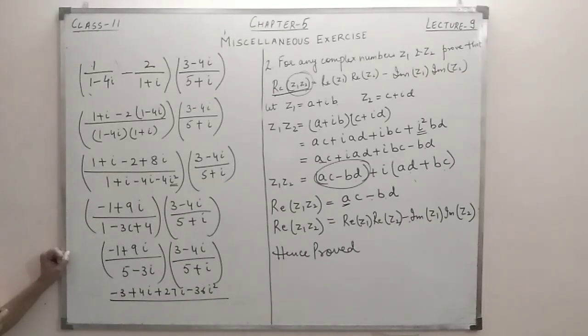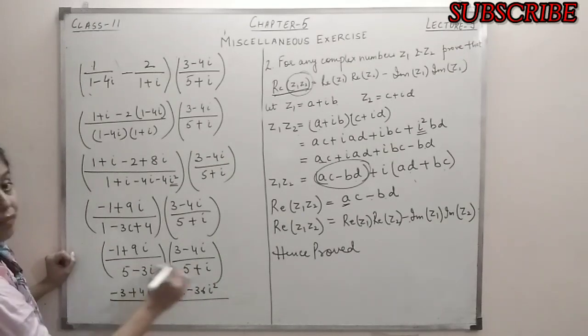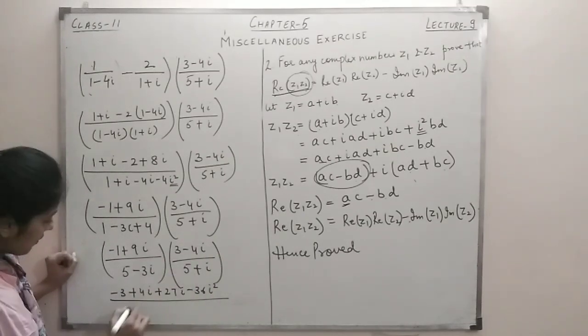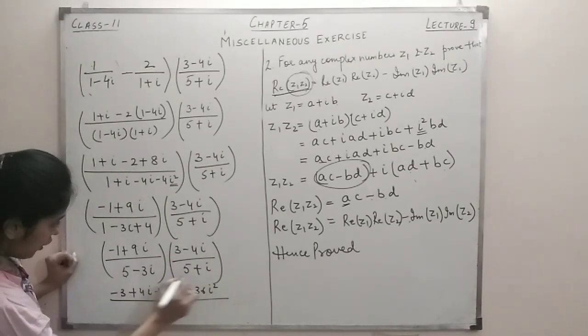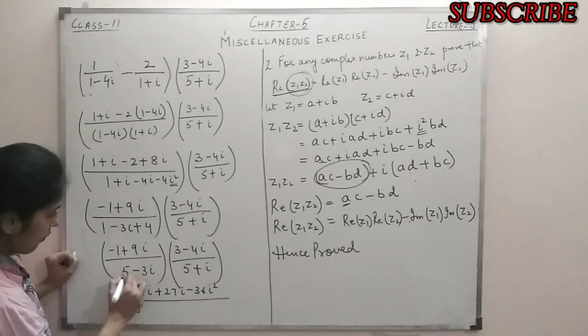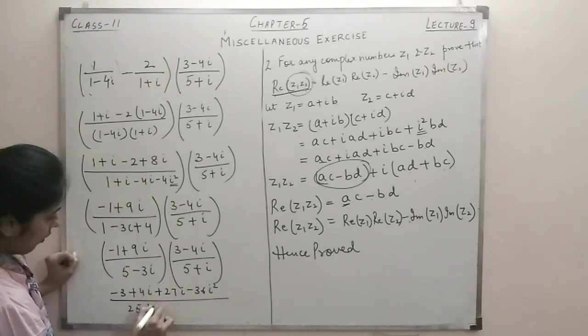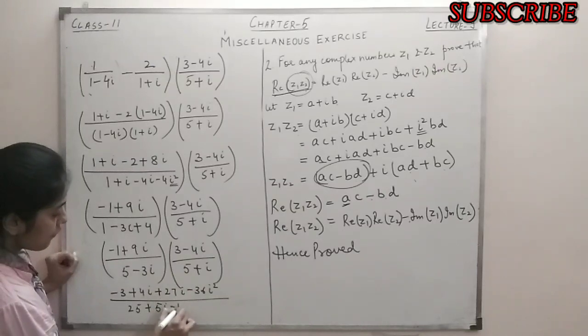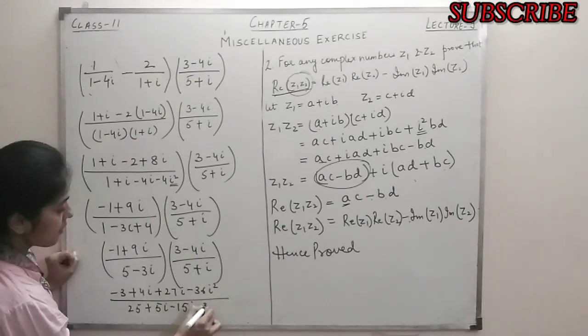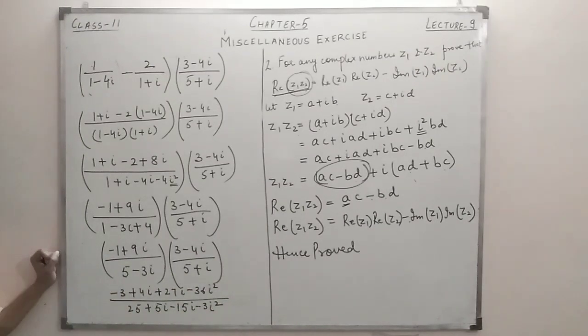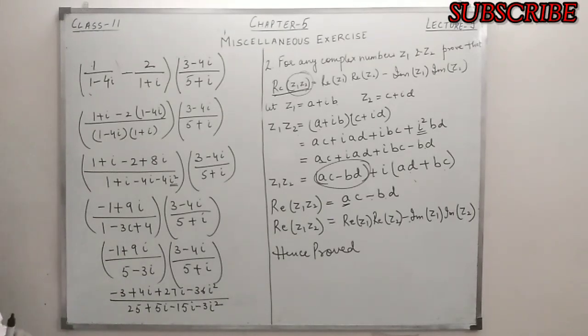It's right. Now in denominator, that is 5 minus 3i into 5 plus i. 5 into 5, that is 25, plus 5i, minus 15i minus 3i square. Right? Now after that we'll simplify it.